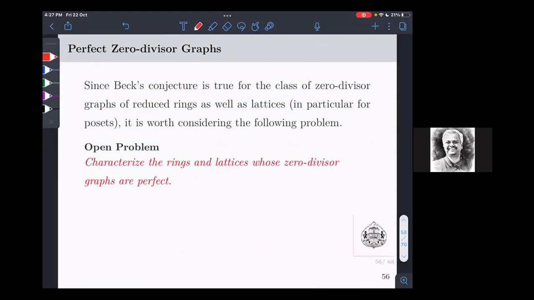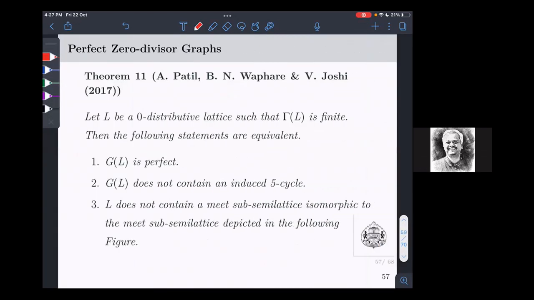And likewise, there is a perfect graph theorem. I will not go into much detail. So what we did here, just a little bit of things, I will try to show it to you. This is a result by Avinash Patil, Wasadikar sir, and myself. The zero divisor graph of a zero distributive lattice is perfect if and only if it does not contain a mixed subsimilarity isomorphic to this.